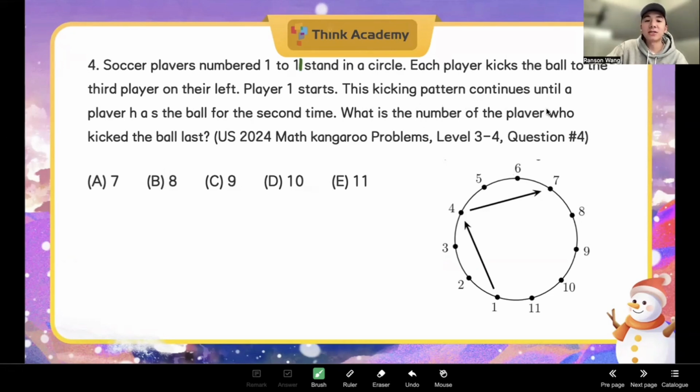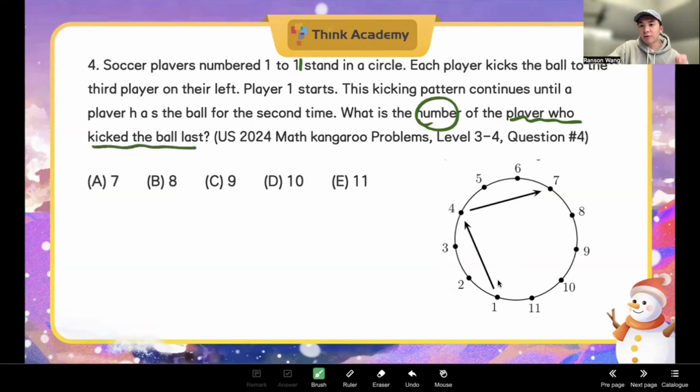This kicking pattern continues until a player has the ball for the second time, so we cannot repeat it. What is the number of the player who kicked the ball last?